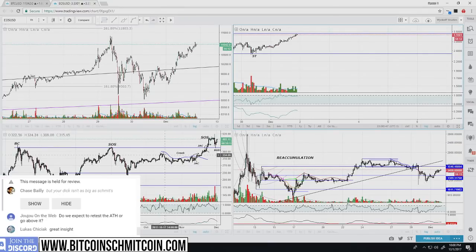So EOS is going to be a coin to watch out for because it's in the process of the markup phase. It's making new highs. It's showing strength because it's not pulling back like a lot of the other coins are, and so it has a lot of possible growth in its future once it breaks out of this reaccumulation phase.